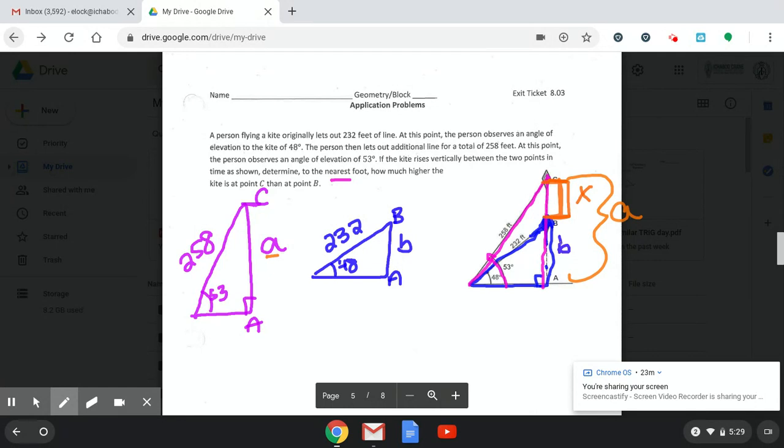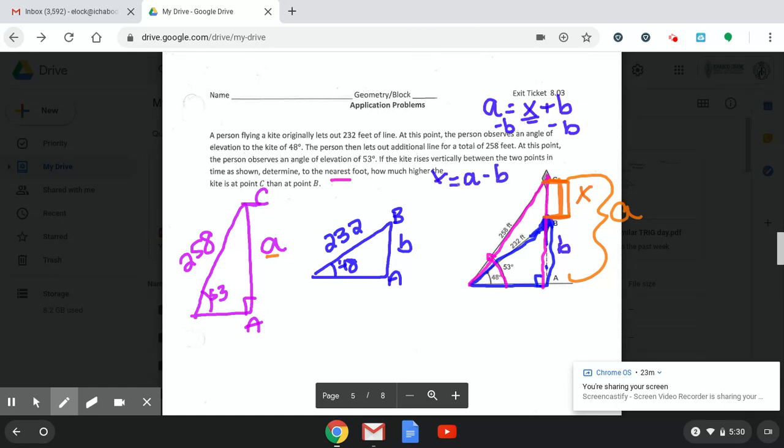So again, if I had A as a whole segment and I knew B, I could subtract to find X. So we know that A equals X plus B. So if I needed to find X, I would subtract B across. So again, the measure of X that we're looking for is whatever A is, subtract side B, or the height of B.